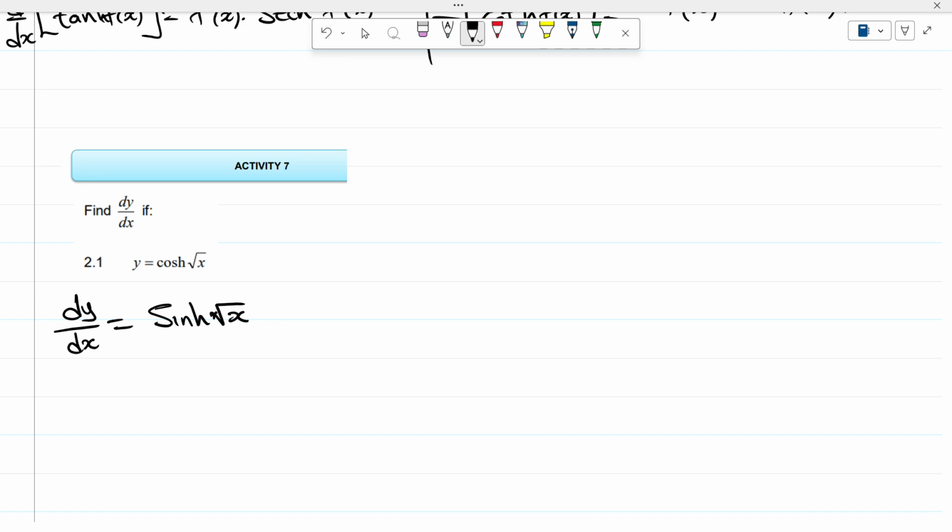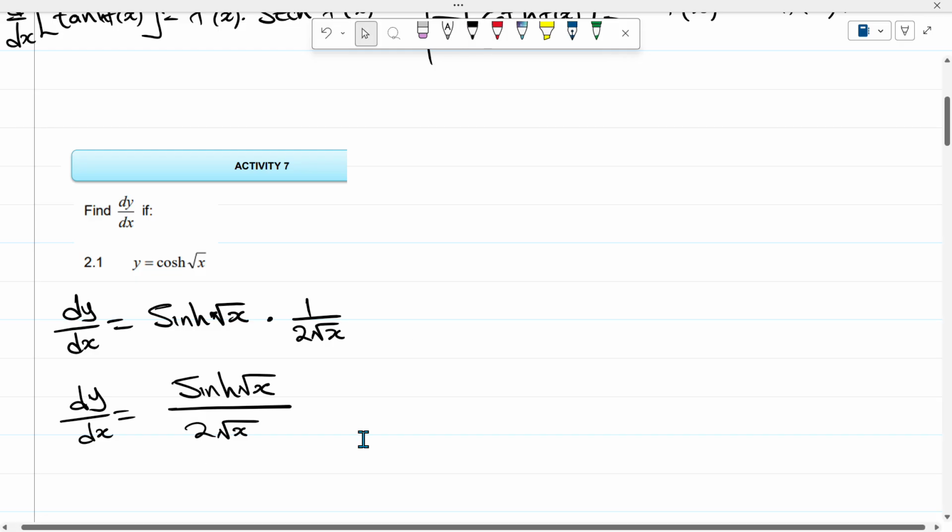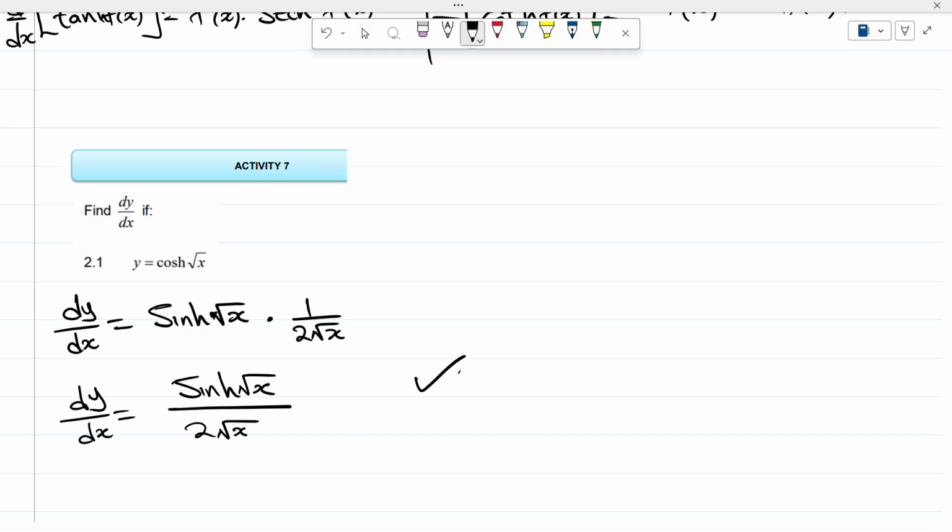Then of course we shouldn't forget to multiply by the derivative of the argument, which is just 1 over 2 root x. And then we can write it nicely as hyperbolic sine of root x divided by 2 root x. And then yeah, that should be your answer.